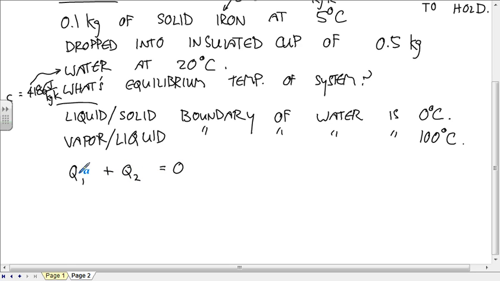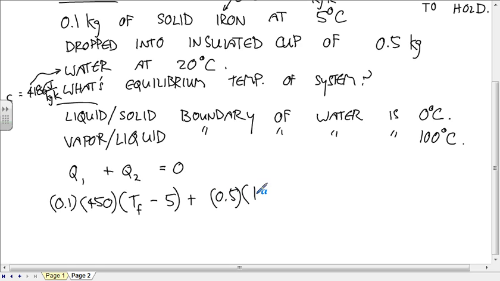If Q1, we call that the iron, then that's going to be 0.1 kilograms times 450 times T final minus the initial temperature of the iron, which is 5 degrees Celsius, plus the mass of the water times its specific heat, 4186, times temperature final minus the initial temperature of the water, is equal to 0.